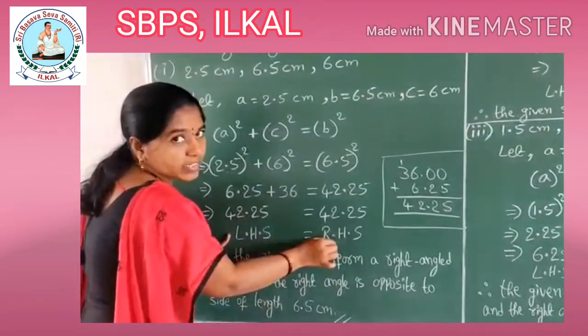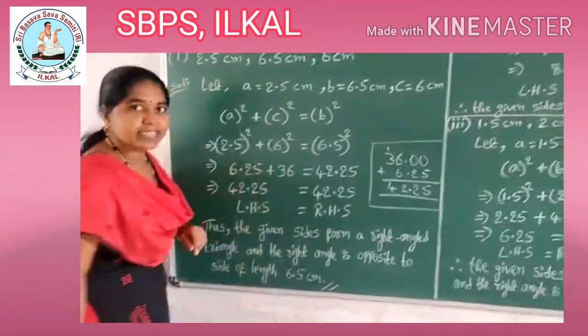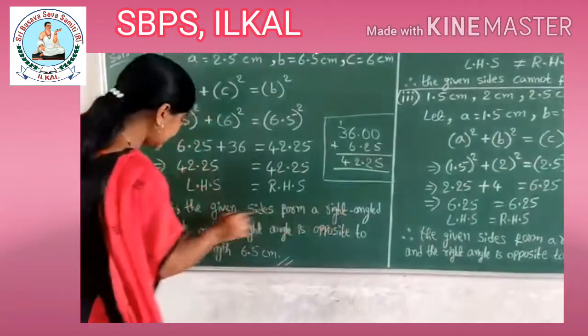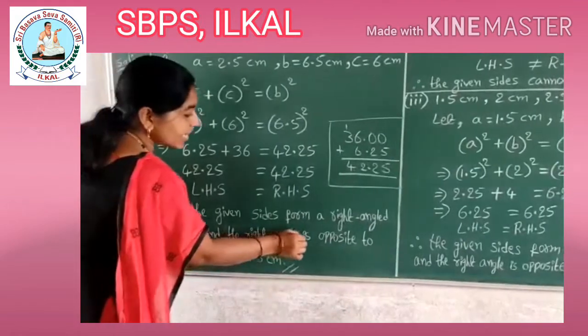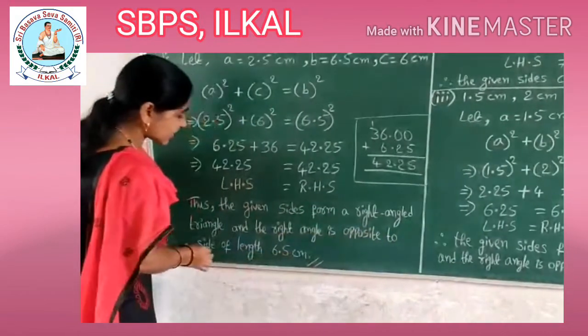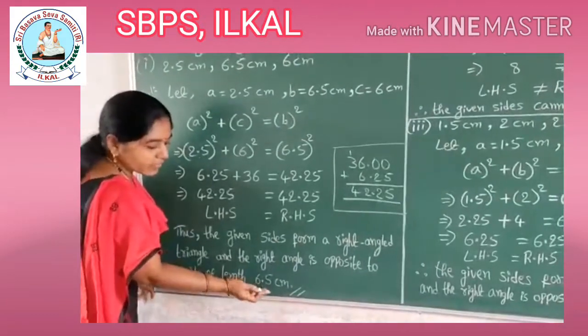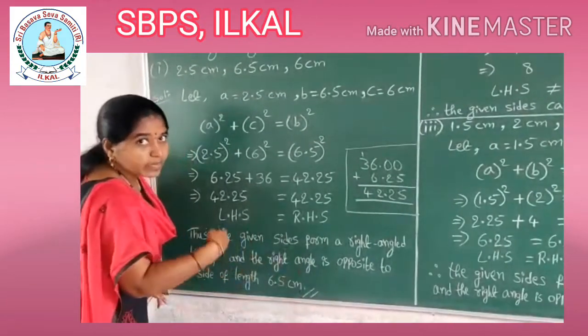LHS is equal to RHS it has become. Then definitely it is a right angled triangle. Thus the given sides form a right angled triangle, and the right angle is opposite to the side of length 6.5 centimeter, which is bigger, children. For this bigger side, the opposite angle will be the right angle.